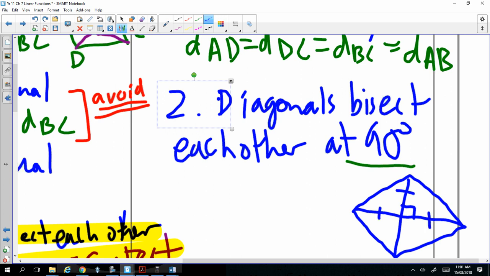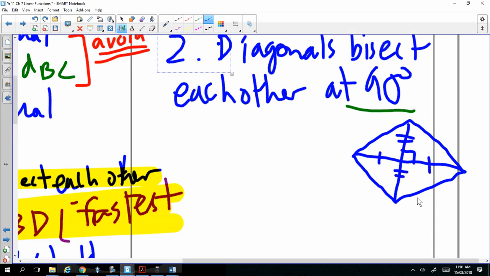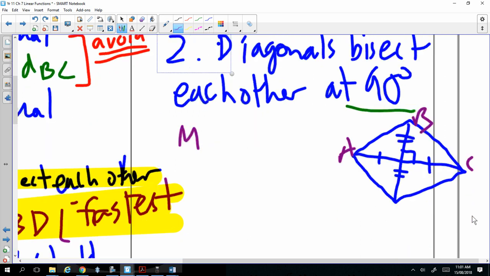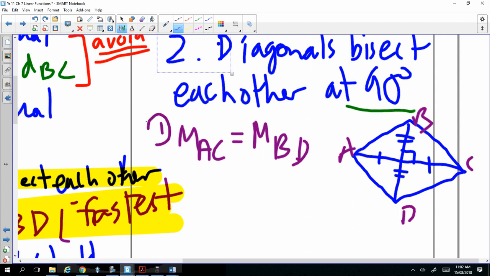One is to show the midpoints are equal, if that's ABCD, midpoint of AC equal to the midpoint of BD, right? And the second thing you do is perpendicular. Gradient of AC multiplied by gradient of BD must be equal to -1.